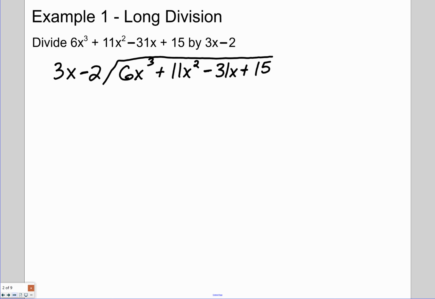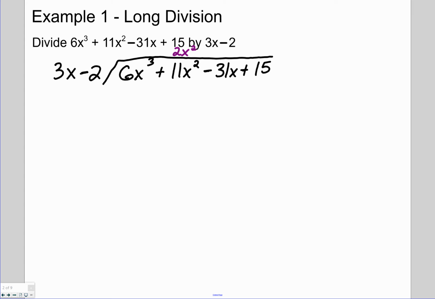All right. Let's go ahead and ask ourselves first, what am I going to write up here? What am I going to write up here that's going to multiply by 3x and give me 6x cubed? 2x squared. Now, it's my preference, and you can write it wherever you want. I prefer to write it above the same power.